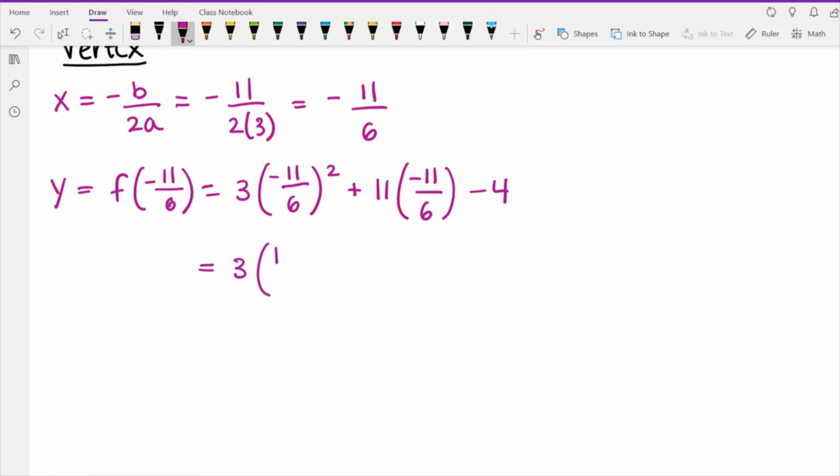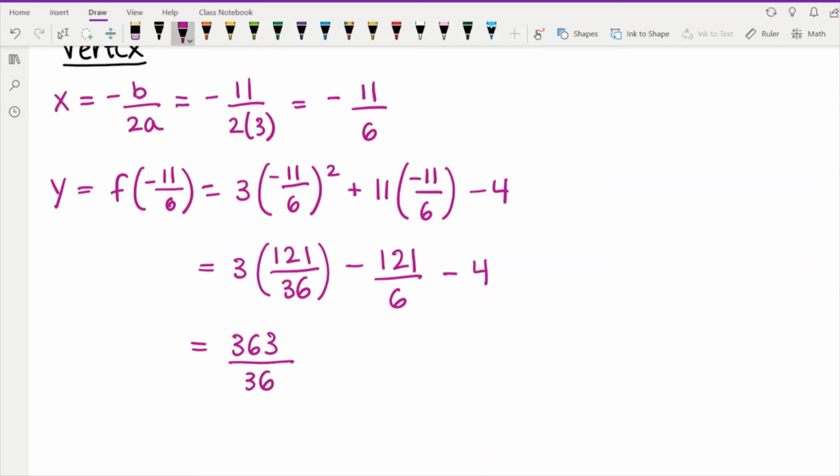So here we get 121 over 6... here we'd get -121 over 6. And actually, sorry, I messed up. We had 36 in the denominator here from squaring it. And then we have -4. If you make a common denominator, I did this ahead of time, so I'll just multiply these together.